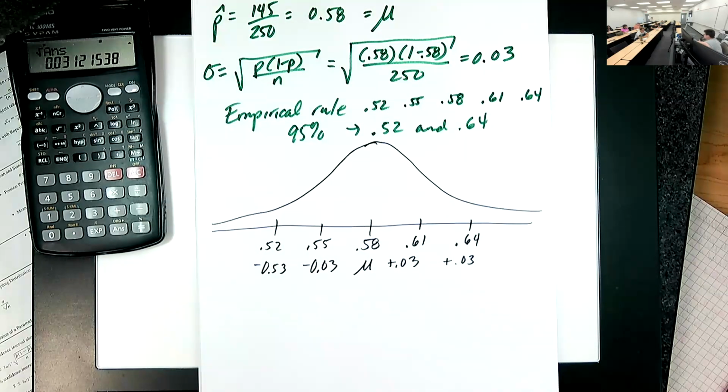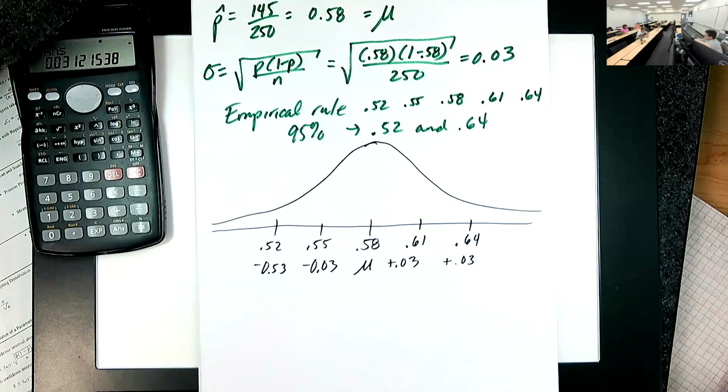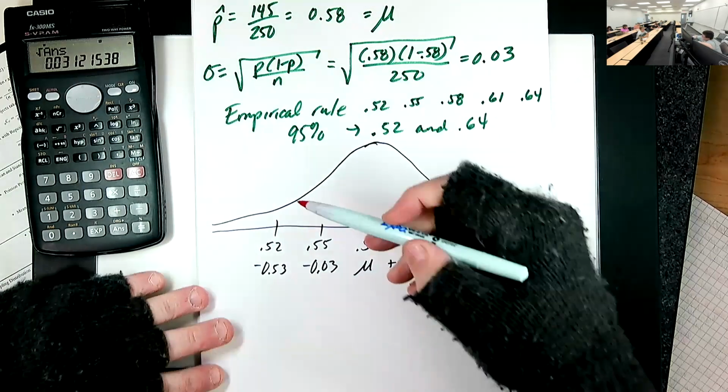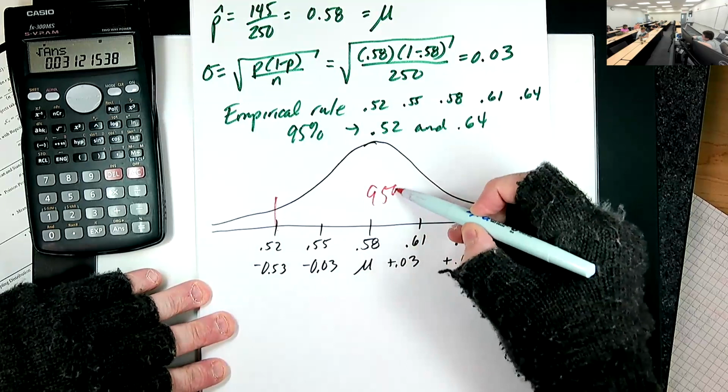With the empirical rule, 95% is in this range.